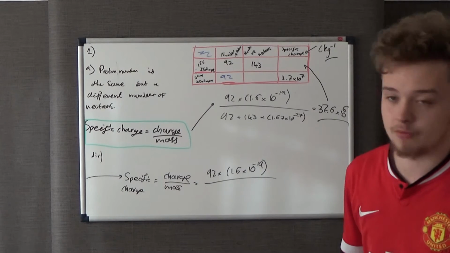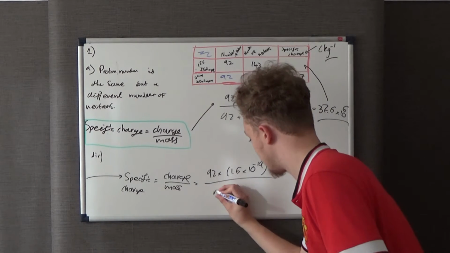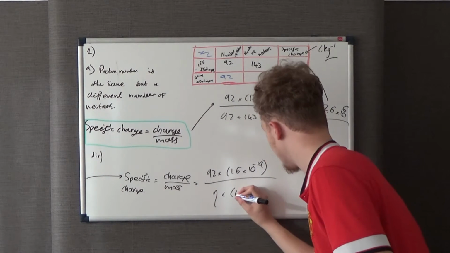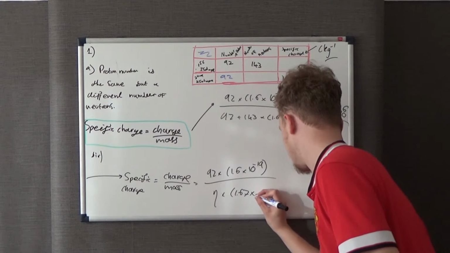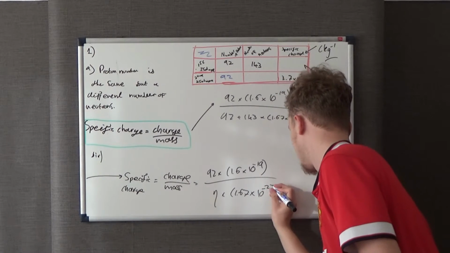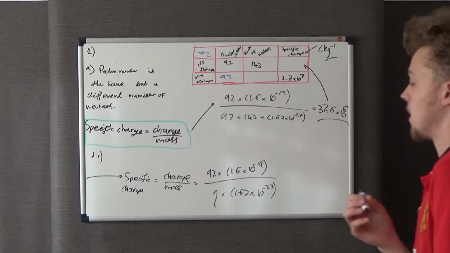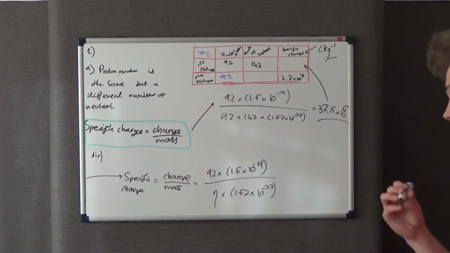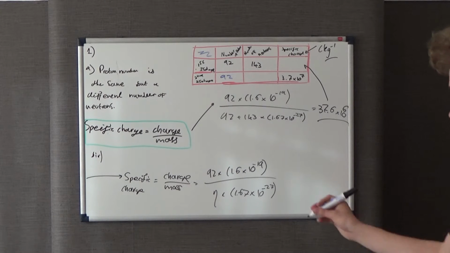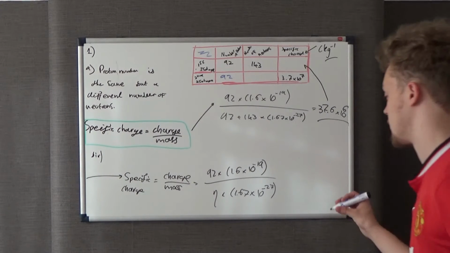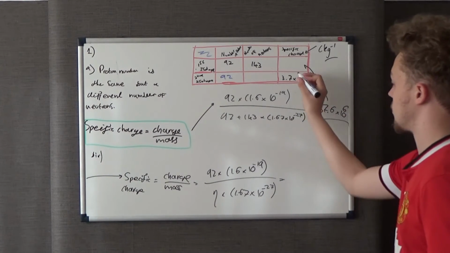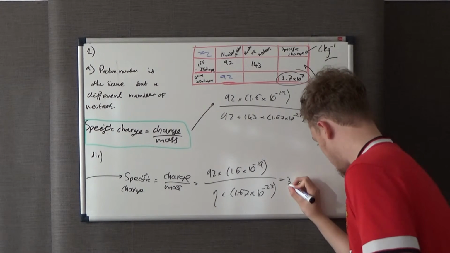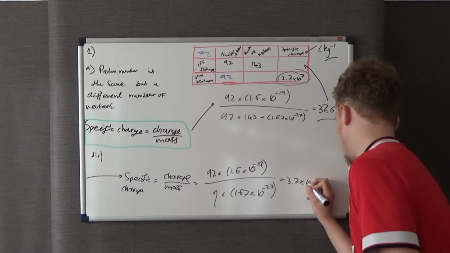I'm just going to put a letter that represents a number, so I label it n. So it's n times 1.67 times 10 to the minus 27, because it's a given number of protons and neutrons times the mass of them. And we know, because we're told in the table, that's equal to 3.7 times 10 to the 7.